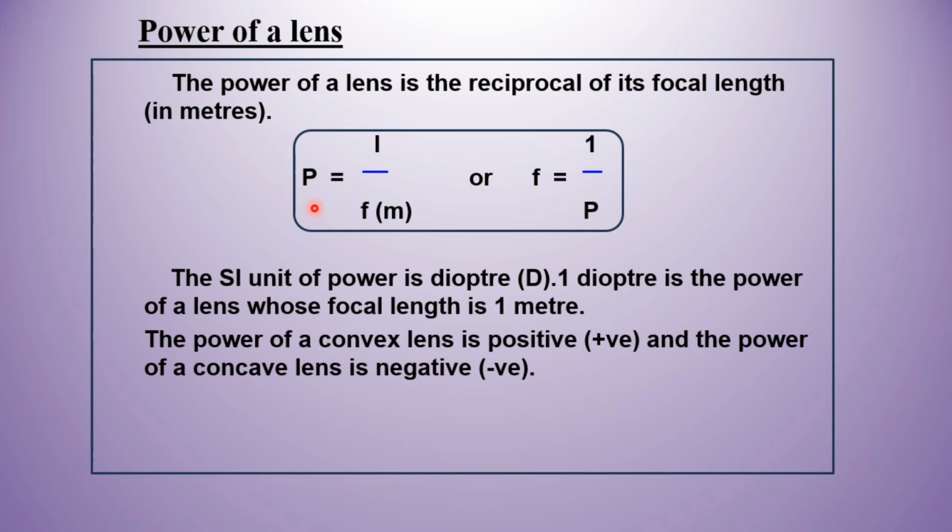So this is the formula: P, the power of a lens, is equal to 1 by focal length in meters, or f is equal to 1 by P. The SI unit of power is the diopter, denoted as capital D. 1 diopter is the power of a lens whose focal length is 1 meter. The power of a convex lens is positive and the power of a concave lens is negative.